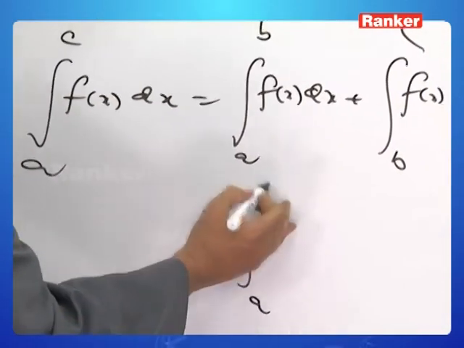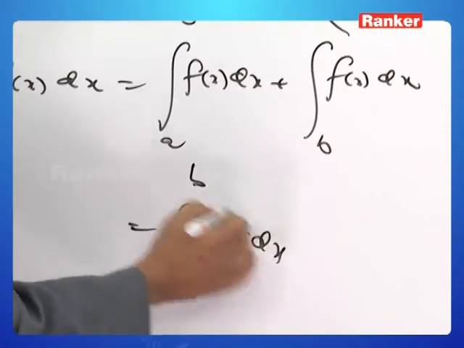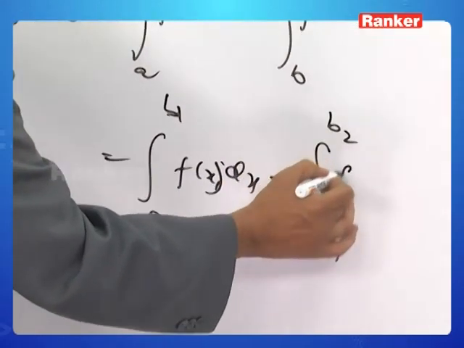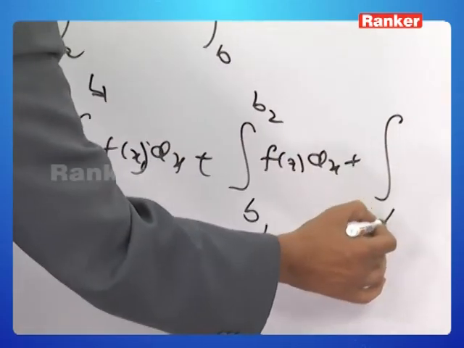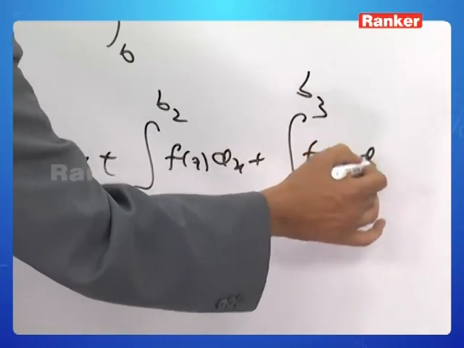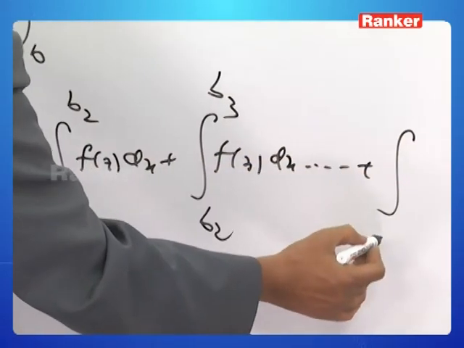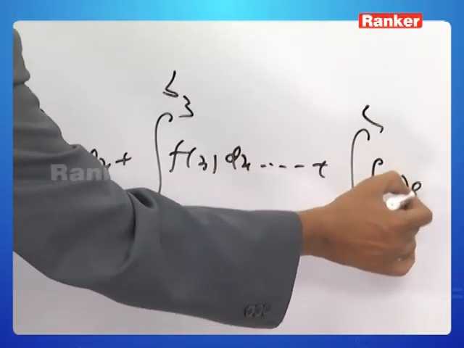Integral a to b1 f of x dx plus integral b1 to b2 f of x dx plus integral b2 to b3 f of x dx and so on, integral bn to c f of x dx.